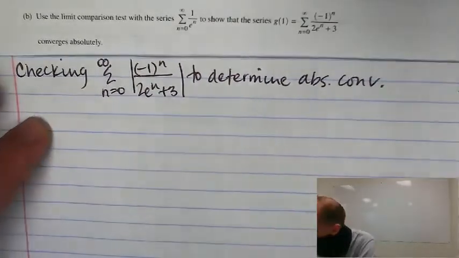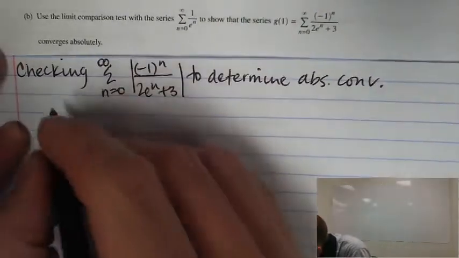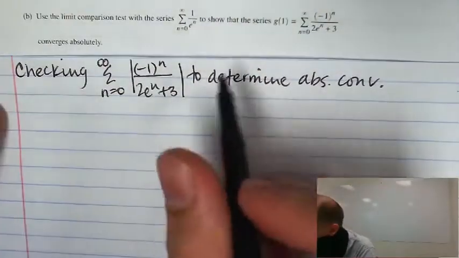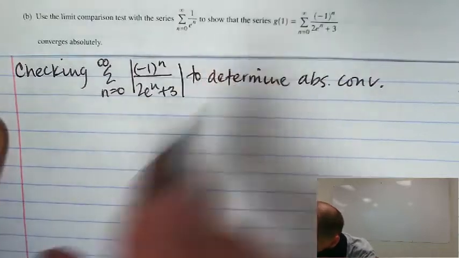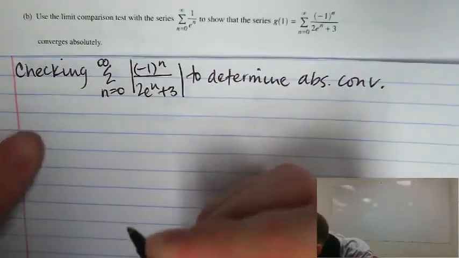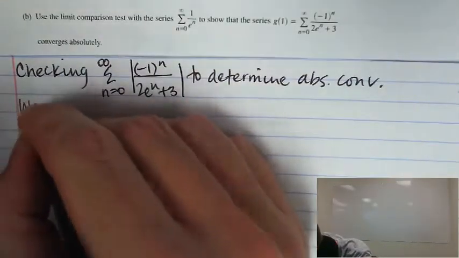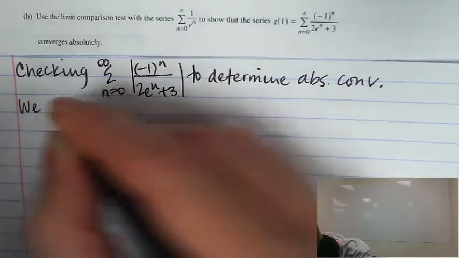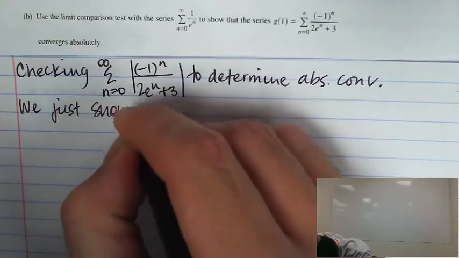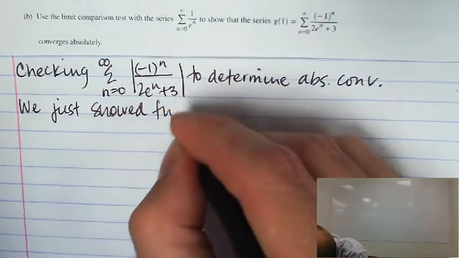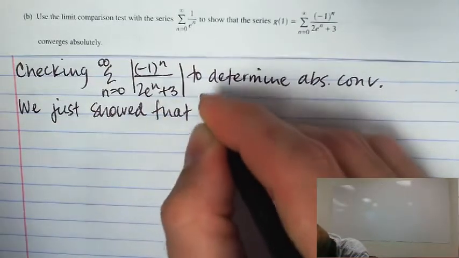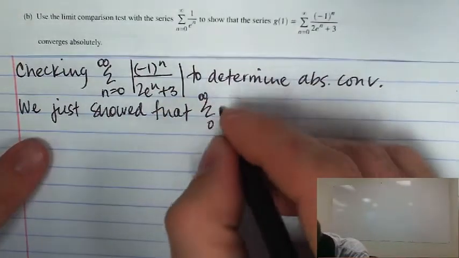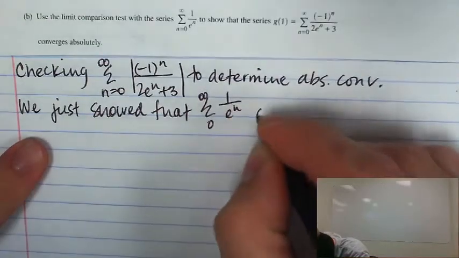But what I'm going to do is just say, all right, I'm going to start by saying we just showed that the sum from 0 to infinity of 1 over e to the n converges.